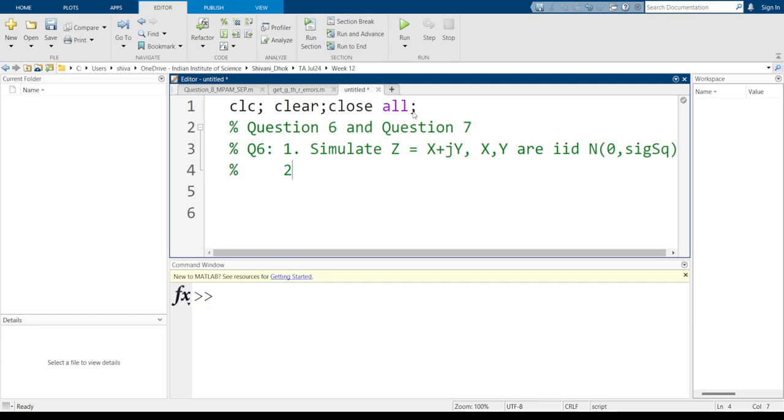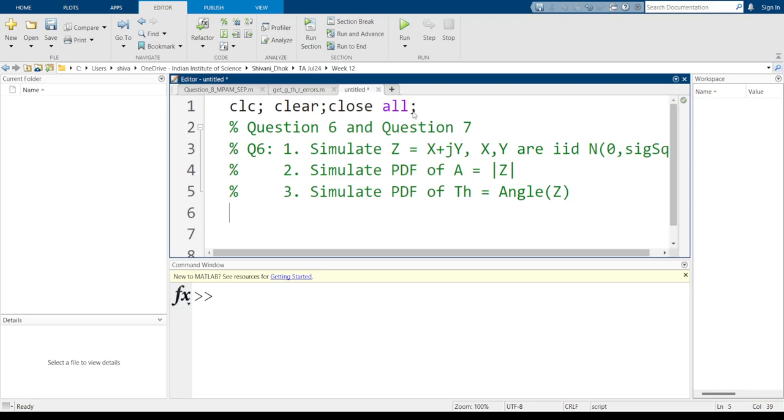The second thing you need to do is simulate A equal to magnitude of Z, and the third thing you need to do is simulate the PDF of theta equal to the angle of Z.